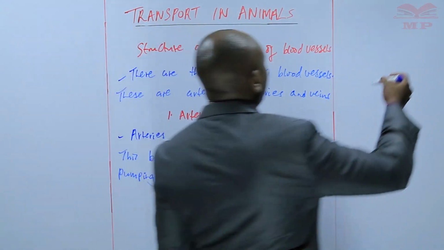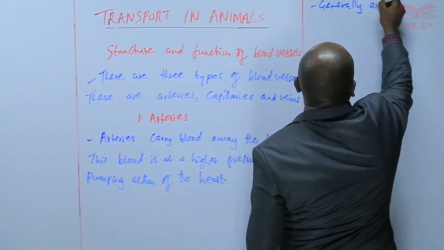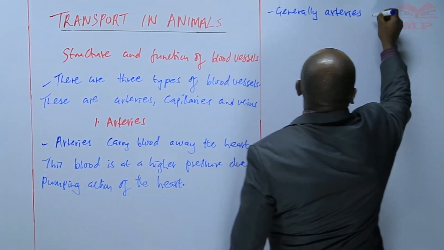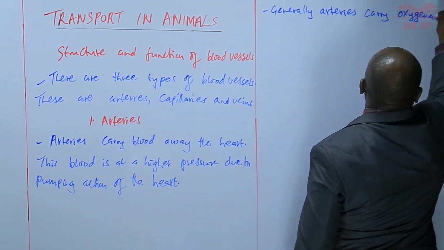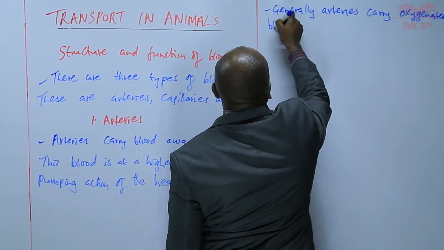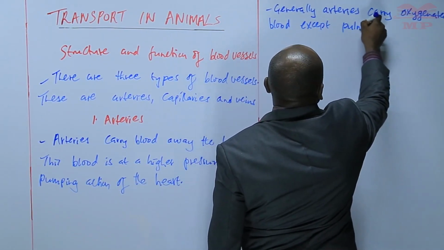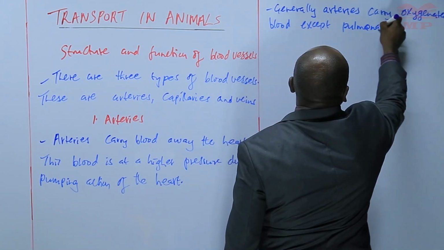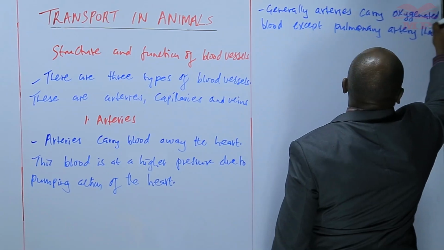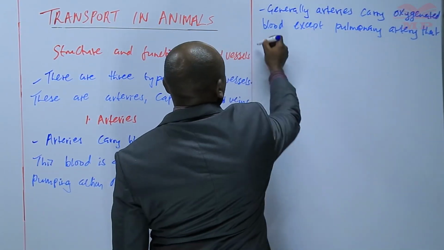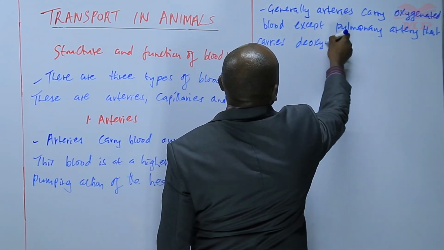So we can say generally, arteries carry oxygenated blood except the pulmonary artery, that carries deoxygenated blood.